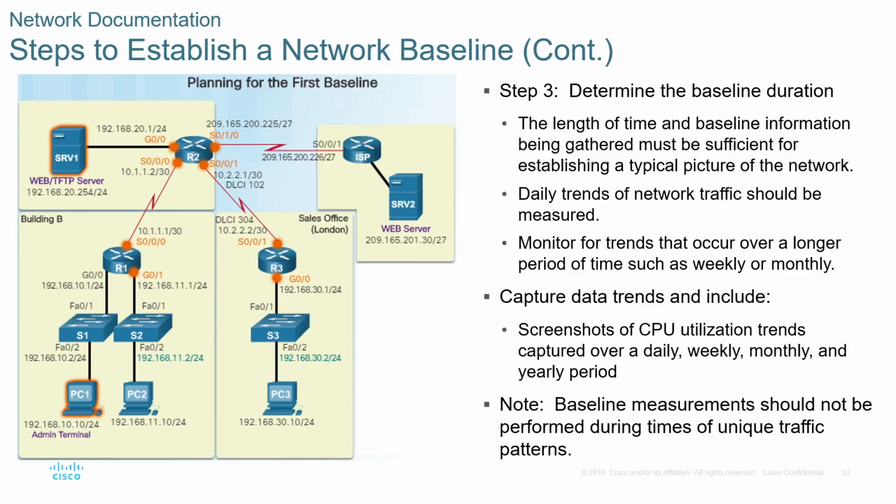Our third step to determine the baseline is to determine how long we're going to be collecting information, which is the baseline duration. When we have a duration of time which is too short, we don't have a very good picture of the network. We need to collect information for a reasonable amount of time.